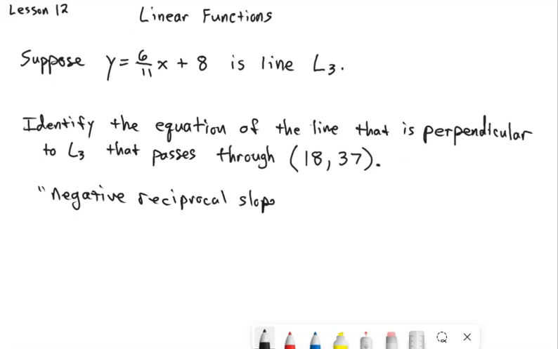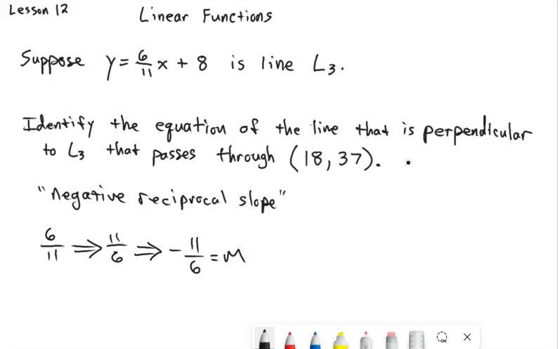Okay. 6 11ths. The reciprocal of 6 11ths is 11 over 6, and then when we multiply it by negative 1, we get a negative 11 over 6. Okay, so now we have a slope. We have the slope of our line, and we have a point, 18 and 37.